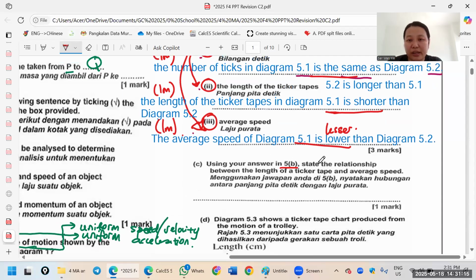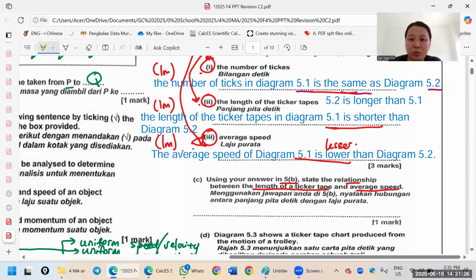Using your answer in 5B, state the relationship between the length of ticker tape and the average speed. So let me use some highlighter to show you: the length of ticker tape and average speed. So what do they want? They want relationship. Not compare anymore.